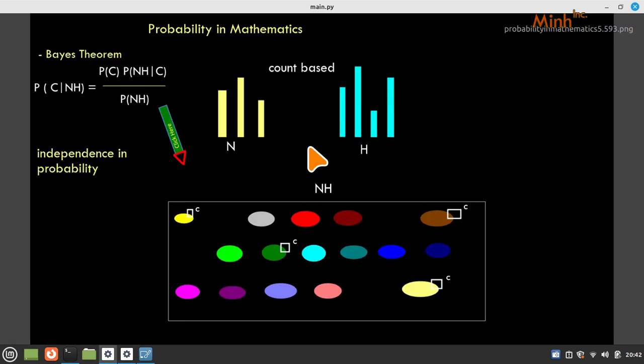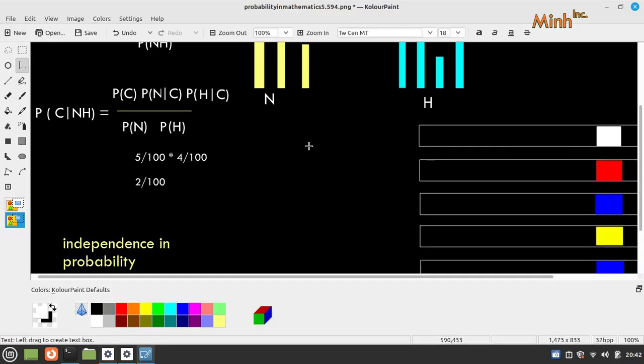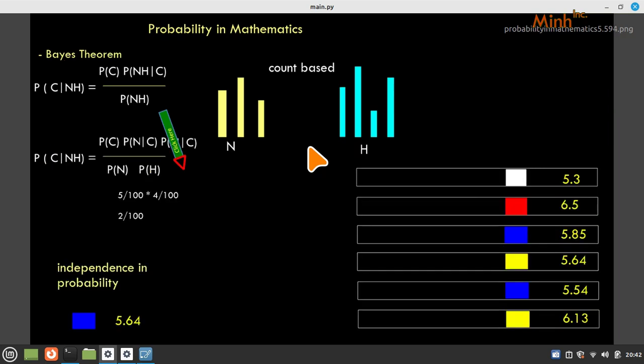If I go with independence, then it is 5 by 100 into 4 by 100, so that will come to 20 by 100 by 100. So we are losing the characters heavily if we go for independence, but still we don't have any choice if whatever we are looking for is not available.